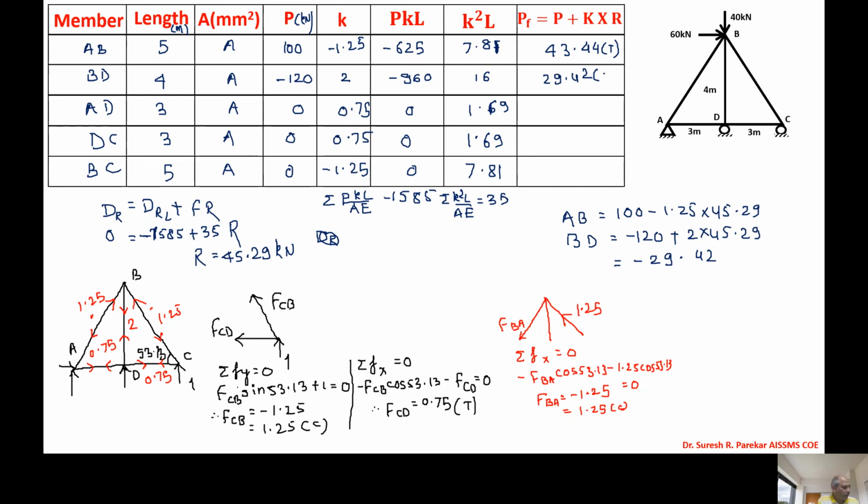Then for AD, if we calculate, we have 33.97.